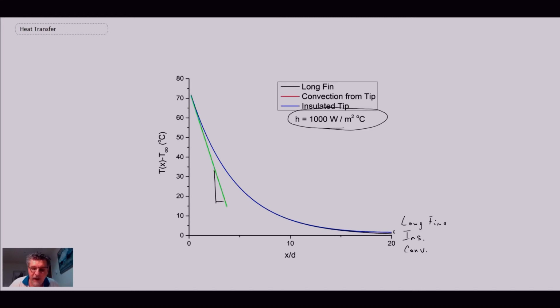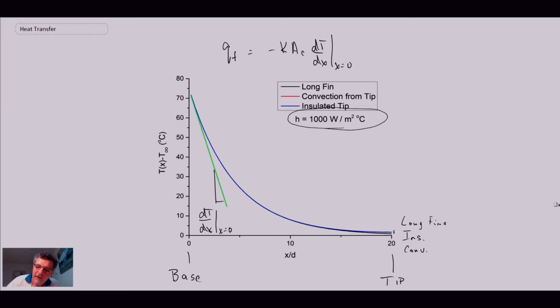And so with the higher convective environment, we have a scenario where all three solutions are very similar to one another. This slope is dT by dx at x equals 0. And again, we can determine the heat being withdrawn from the fin using the slope at the base at x equals 0. And so this here is the base of the fin, and this here is the tip.